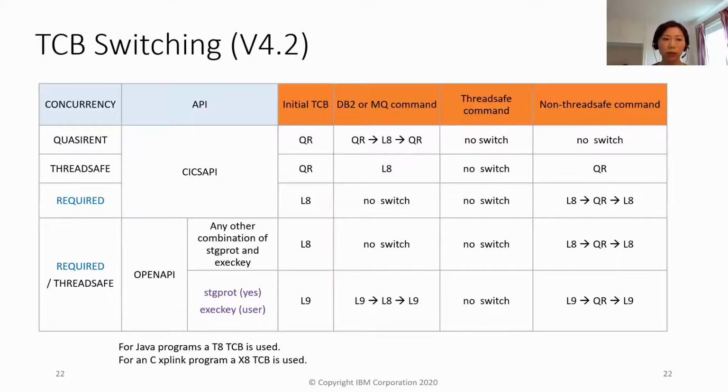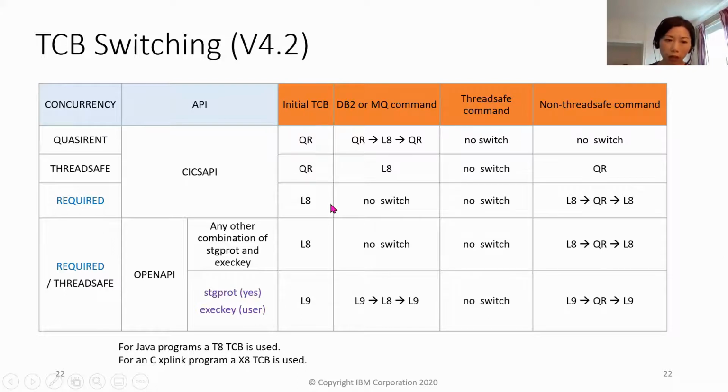Here is a table for you to figure out how to maximize the time it can spend on an open TCB, instead of the QR TCB. The open TCBs shown here are the L8 and L9 ones.